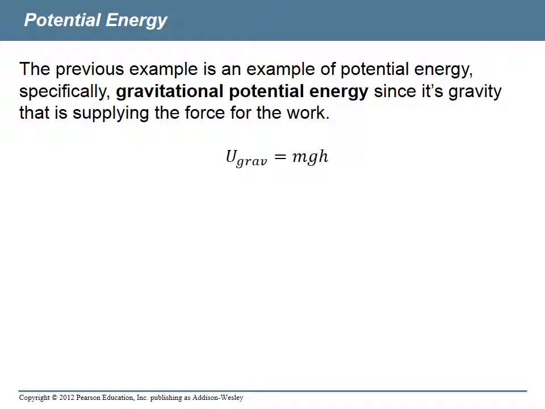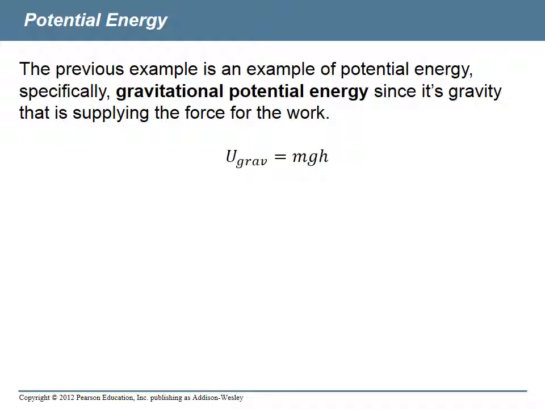The form of energy that I was just talking about in the last example was gravitational potential energy. We talked about that a little bit earlier in the video. We said that if the work is done by gravity, if the force causing the work is a gravitational force, then it's gravitational potential energy, right?